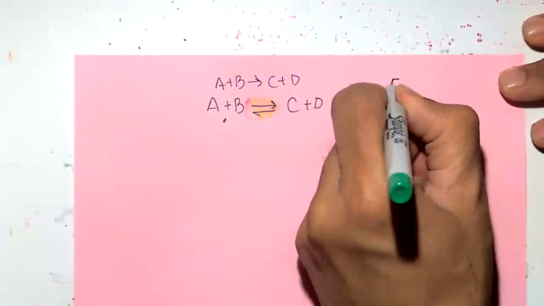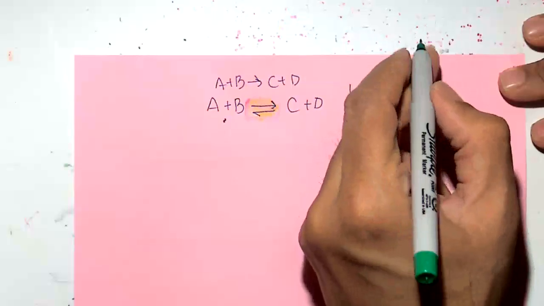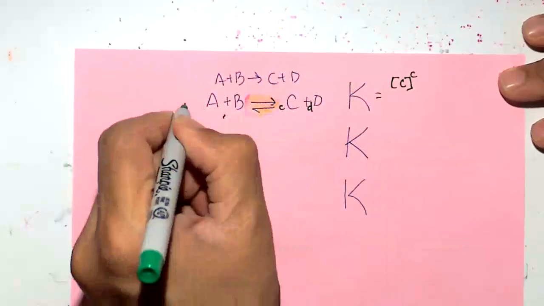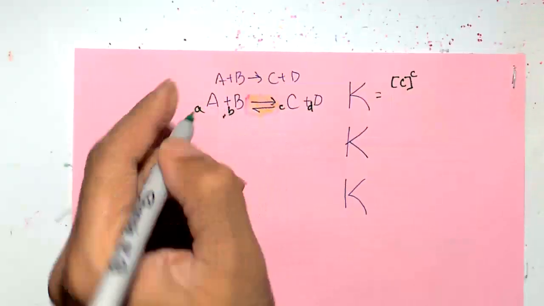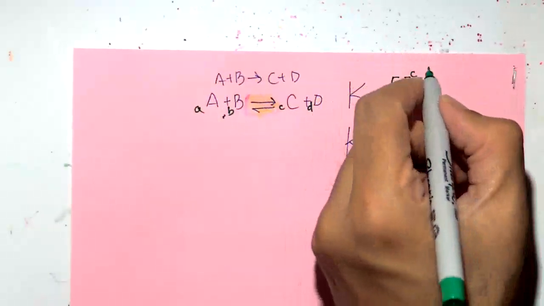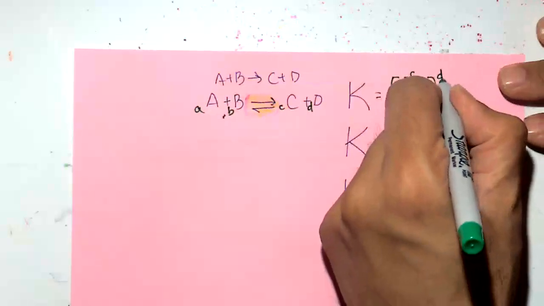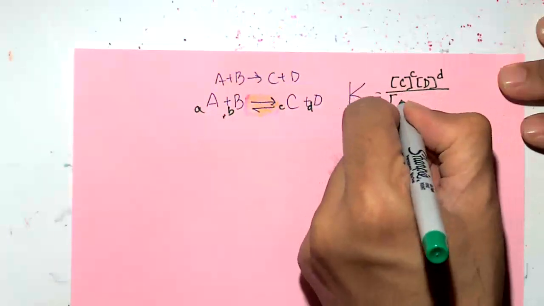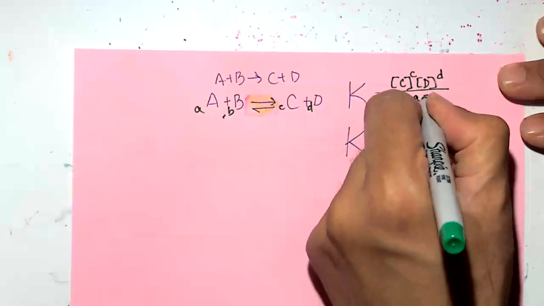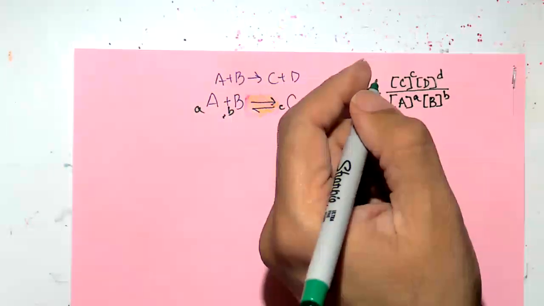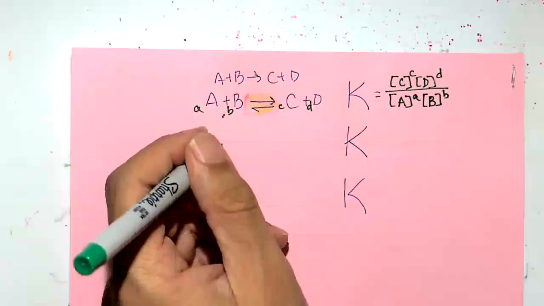So it's the concentration of C raised to its coefficient, times the concentration of D to the power of its coefficient, divided by the concentration of A to the power of its coefficient, times the concentration of B to the power of its coefficient.